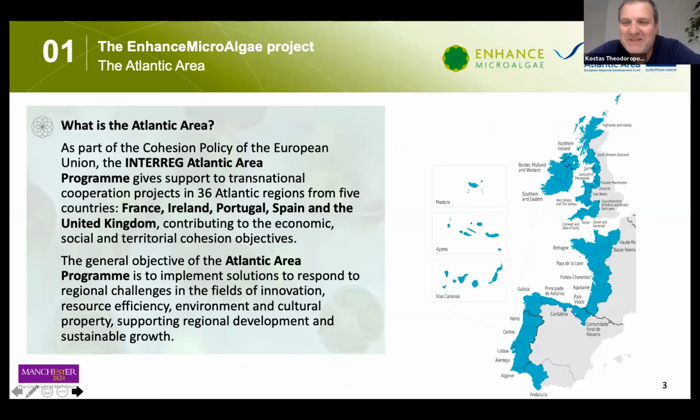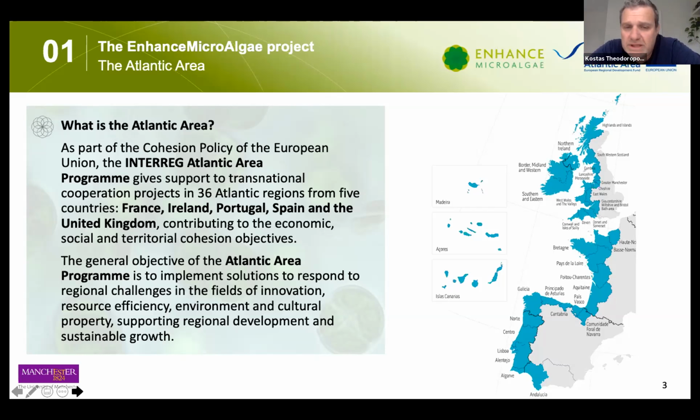What is the Atlantic area, though? So on the right of the screen, you can see a map, and the Atlantic area countries and regions are in blue. The Interreg Atlantic Area Program is a part of the cohesion policy of the European Union, and the idea is to give support to cooperation projects that are transnational, right, for 36 Atlantic regions, which belong to 5 countries: France, Ireland, Portugal, Spain, and UK.